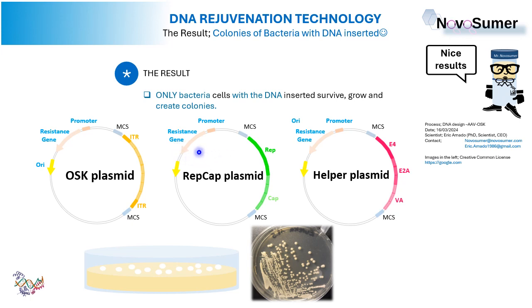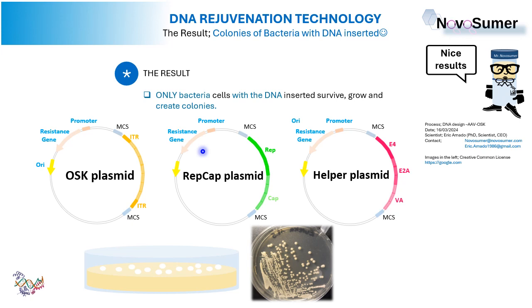This name is very descriptive. It is telling us that this piece of information is able to help the bacteria to survive the antibiotic. By having this region inside the DNA, the bacteria will be able to survive the antibiotics.